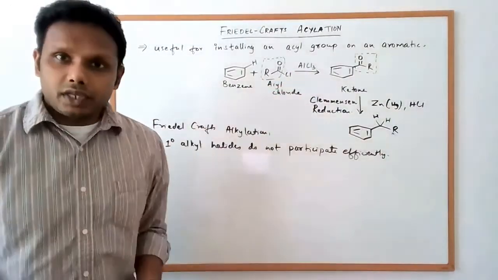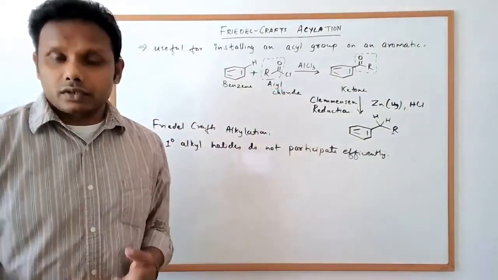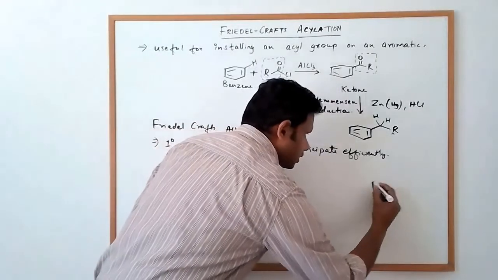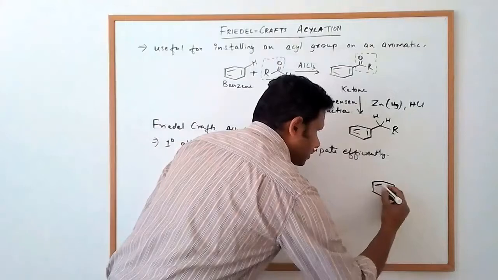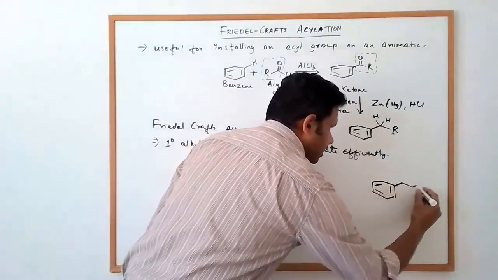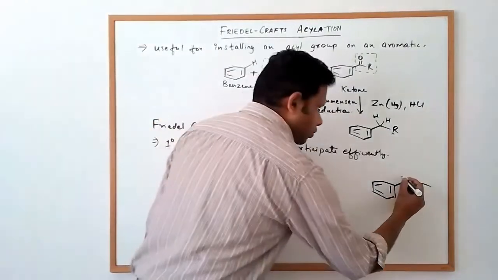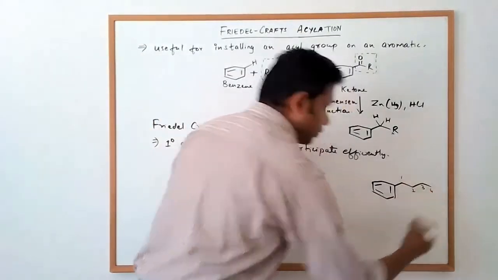But the Friedel-Crafts acylation could serve as a solution. So let's say I want to make an alkylated benzene where there are 4 carbons on the benzene ring, 1, 2, 3, 4.